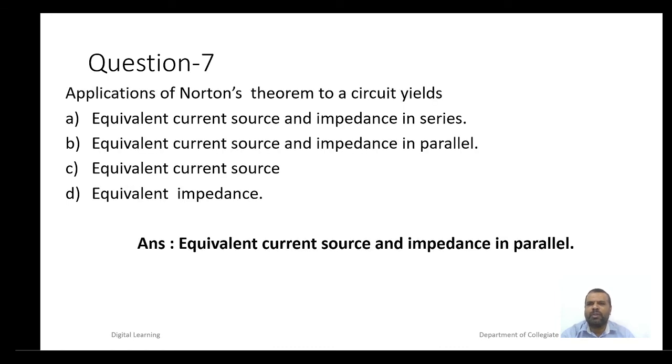Applications of Norton's theorem to a circuit yields. The options are A, equivalent current source and impedance in series, B, equivalent current source and impedance in parallel, C, equivalent current source, D, equivalent impedance. The correct answer is equivalent current source and impedance in parallel.